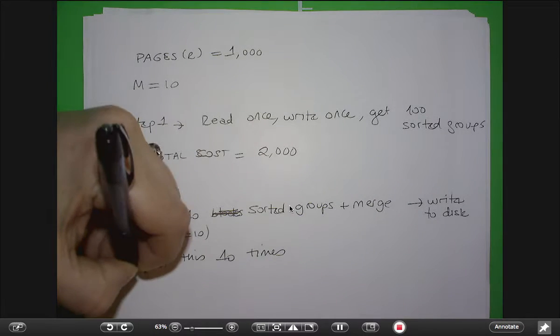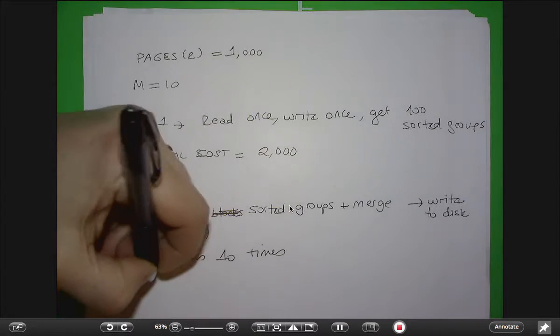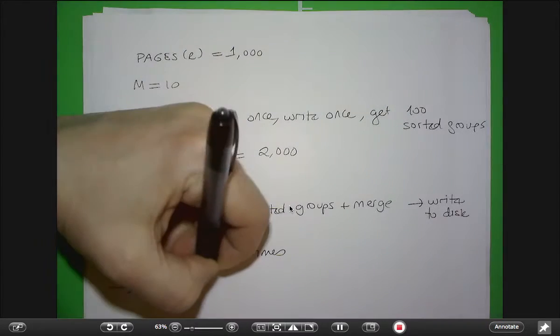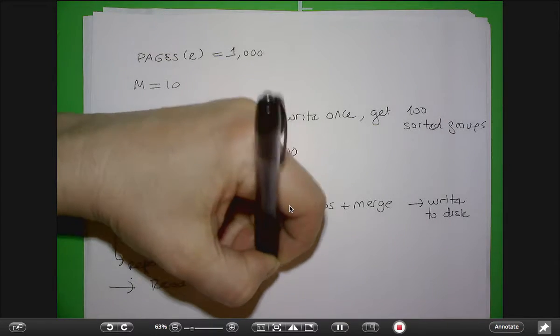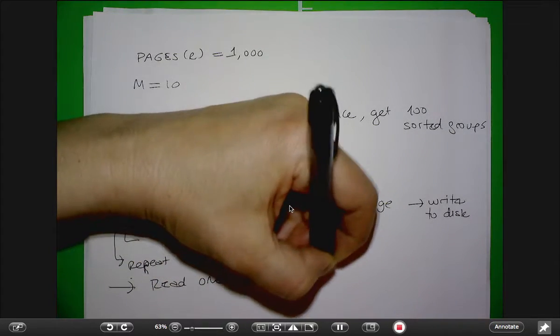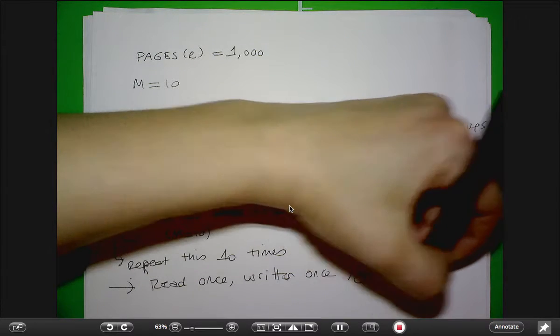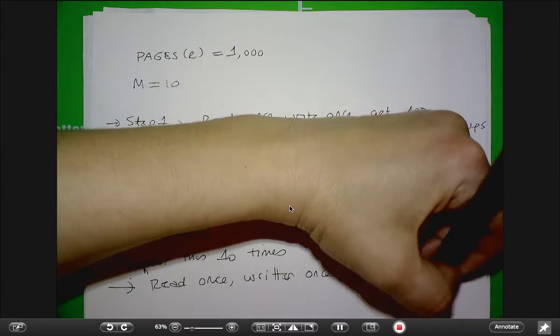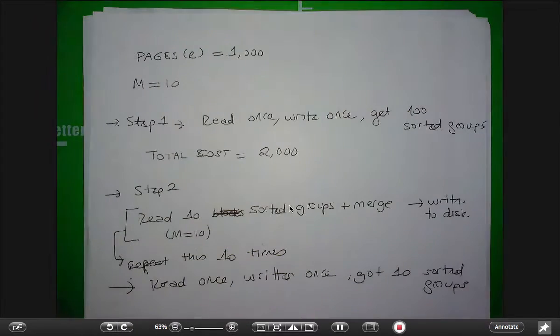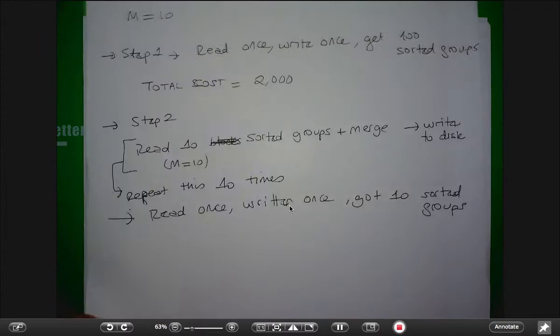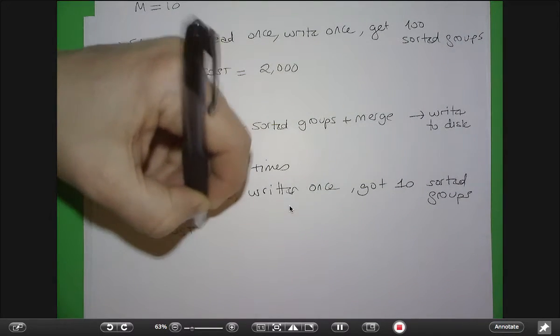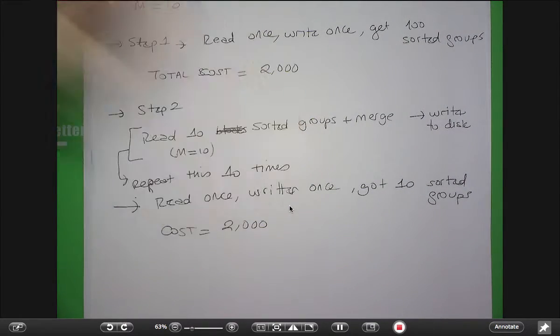So at the end of this, now I have read the relation once, and written it once, and I ended up with 10 sorted groups. So the cost of this stage is also 2,000 pages.